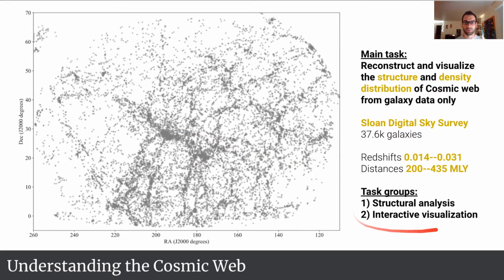The tasks related to the main task are both structural analysis of the cosmic web and visualizing the cosmic web based on only data like this, discrete positions and masses of galaxies.